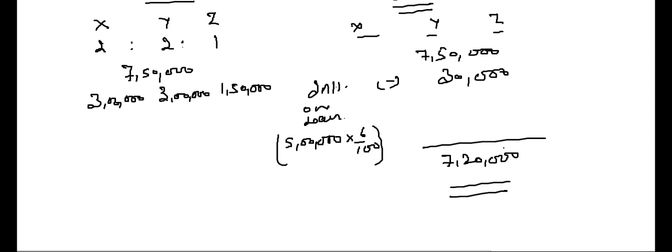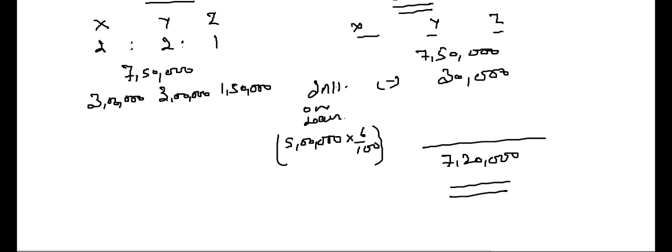So the first mistake they made was they didn't provide for interest on loan to Y. That means they have given profits to the extent of 30,000 extra. This was the first mistake that has been committed.